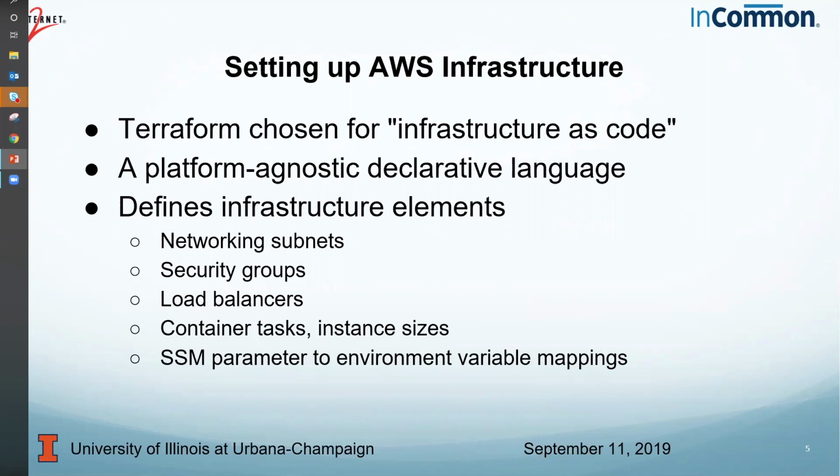And basically that's where we define our infrastructure elements, which include networking subnets, security groups, the load balancers, and then various tasks and properties of the containers, including the mappings from the AWS parameters into environment variables using AWS's SSM, which stands for Simple Systems Manager, which has a parameter store, which we'll see in a couple slides here.